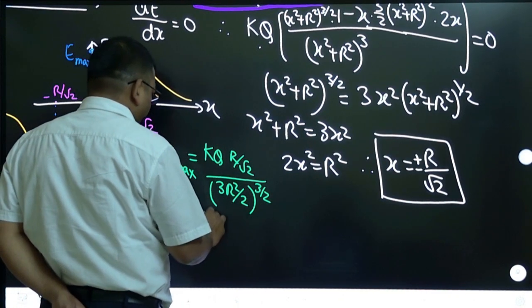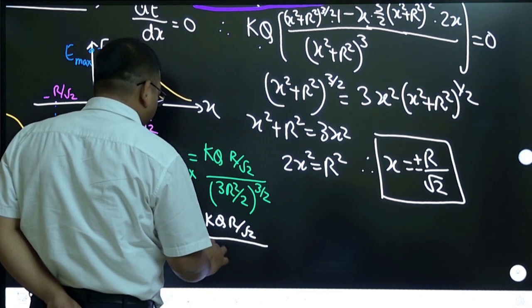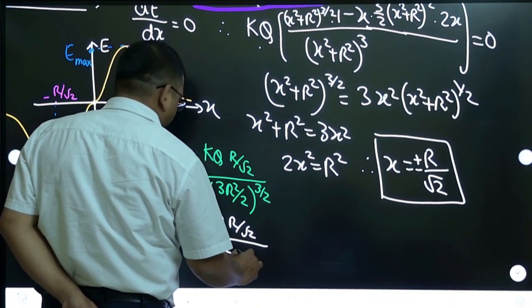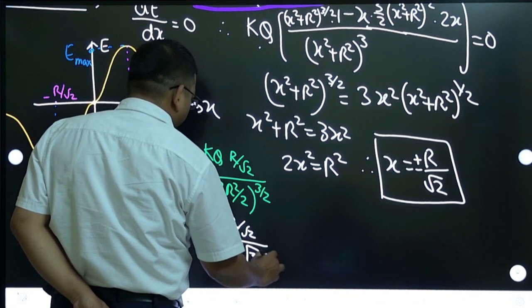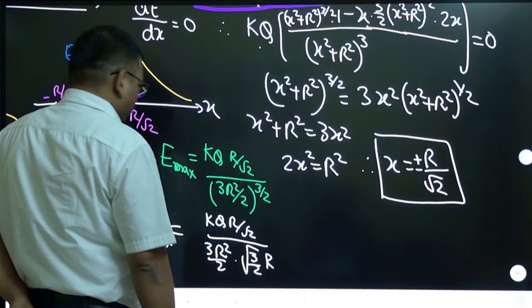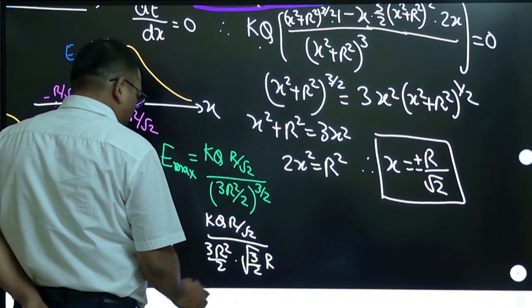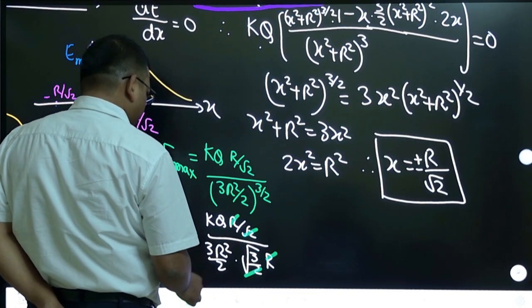So kQ r by root 2. So one time you write and one time you take root. Root under 3 by 2 will come and r will come out. So basically what you can see here is you can cancel r, and this root 2 will also get cancelled.